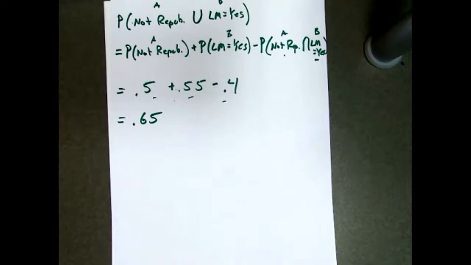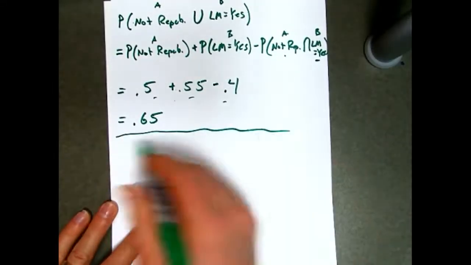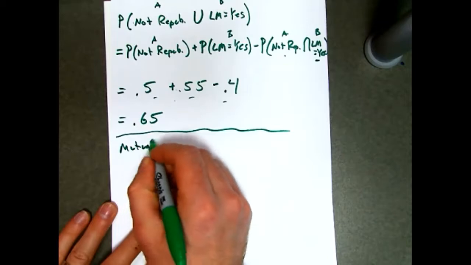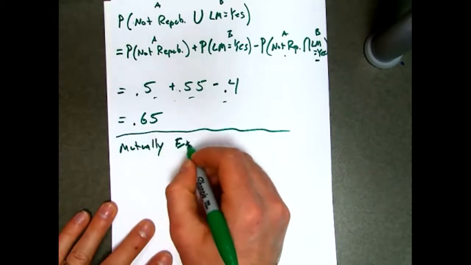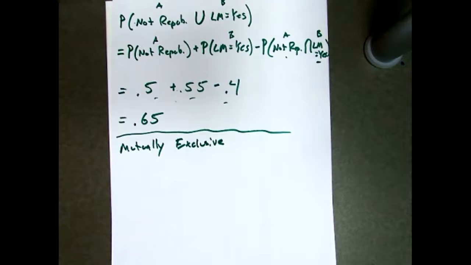So we'll start with the easy one. When are events mutually exclusive? What has to be true if we've got mutually exclusive events, just in general? How would you describe it to someone who's never been in a stats class? They can't both happen.